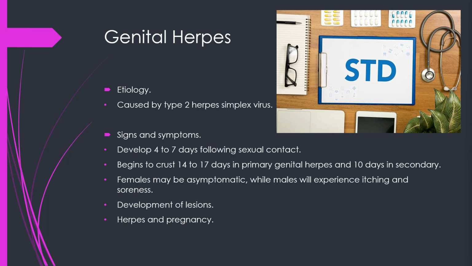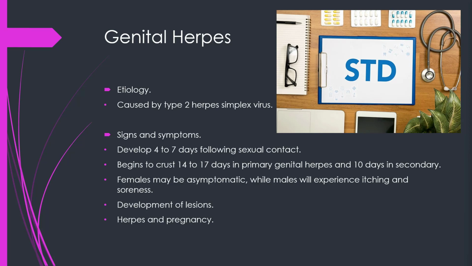Genital herpes. This is caused by type 2 herpes simplex virus. Signs and symptoms develop 4 to 7 days following sexual contact. Wounds begin to crust 14 to 17 days in primary genital herpes and 10 days in secondary herpes. Females may be asymptomatic, while males will typically experience itching and soreness.